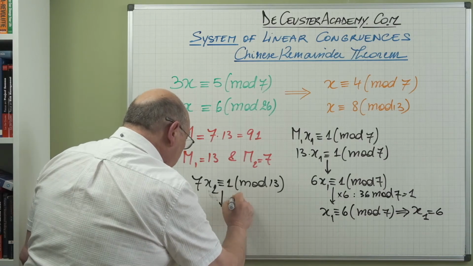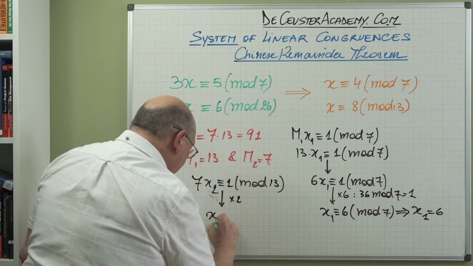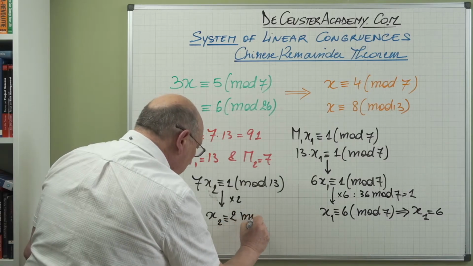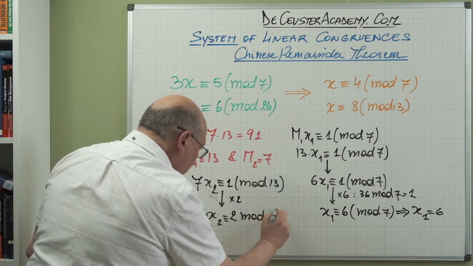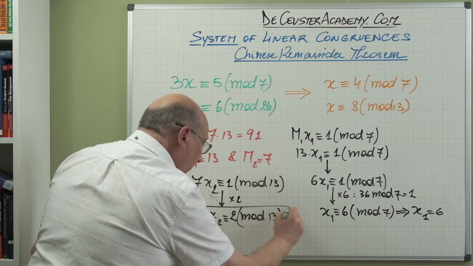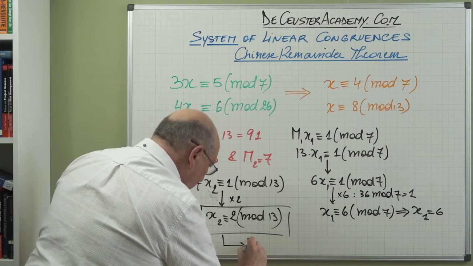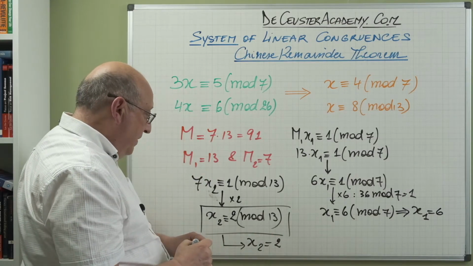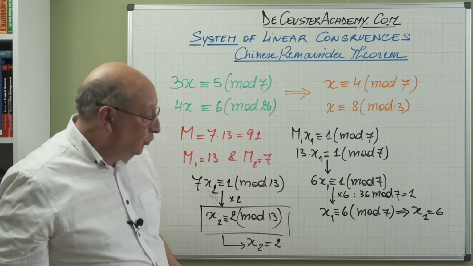So we multiply by 2, and we find x2 is congruent with 2 modulus 13, which gives us that x2 is equal to 2. And basically those are the two values that we need.